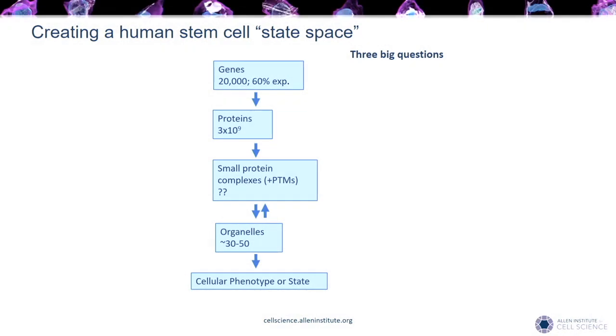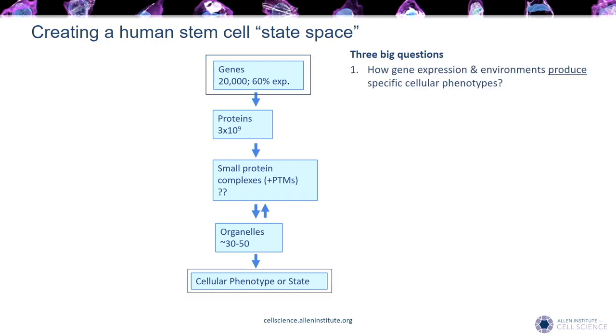So us at the Institute, we are contributing to these efforts by creating a human stem cell state space. And we're hoping that by doing this, we'll answer three big questions in the field of cell biology.